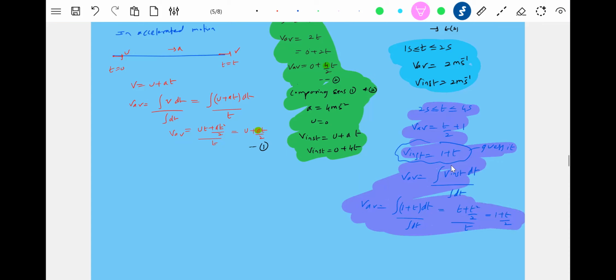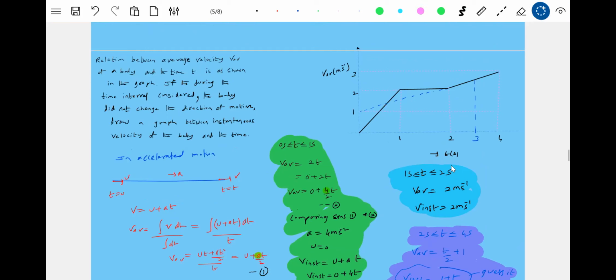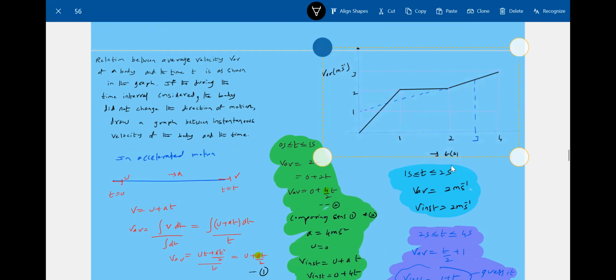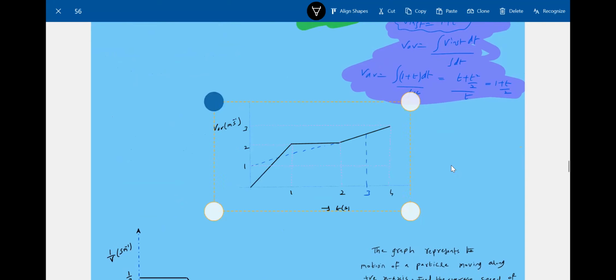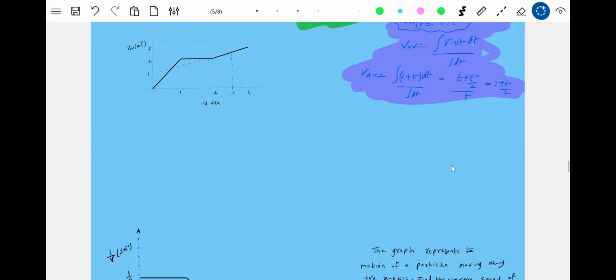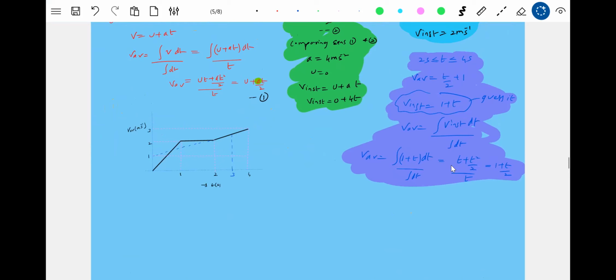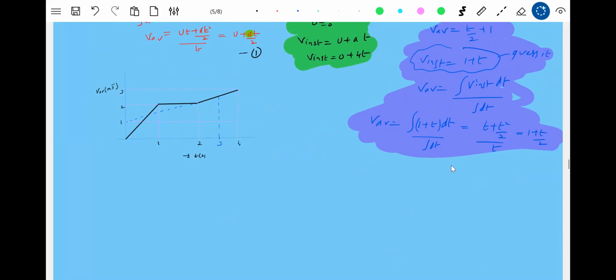Okay, now we are in a better position to plot the equivalent graph. Let me bring that graph. We have to plot the equivalent graph looking at those equations.